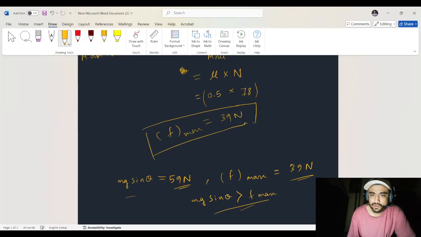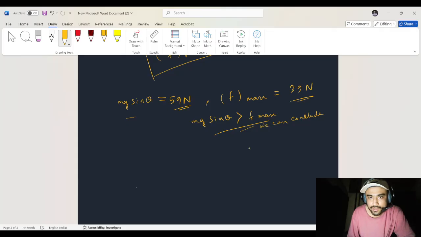So what can we conclude? We can conclude that the block will slide down the inclined surface.